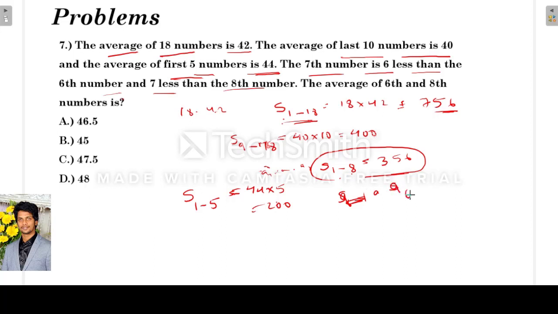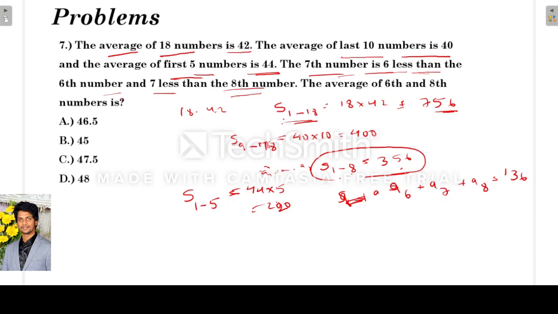So this is 6th term, 7th term plus 8th term, which will be 356 minus 220, this is 220, 44 into 5. So which is 136.